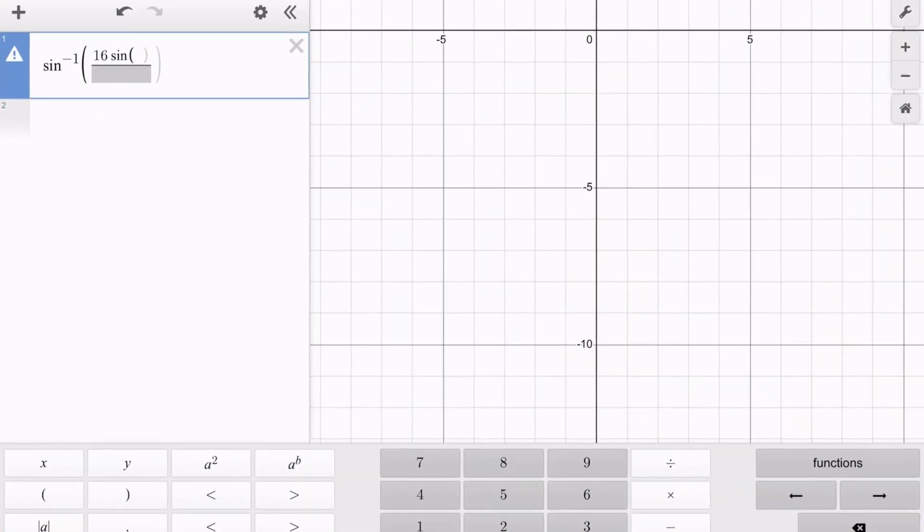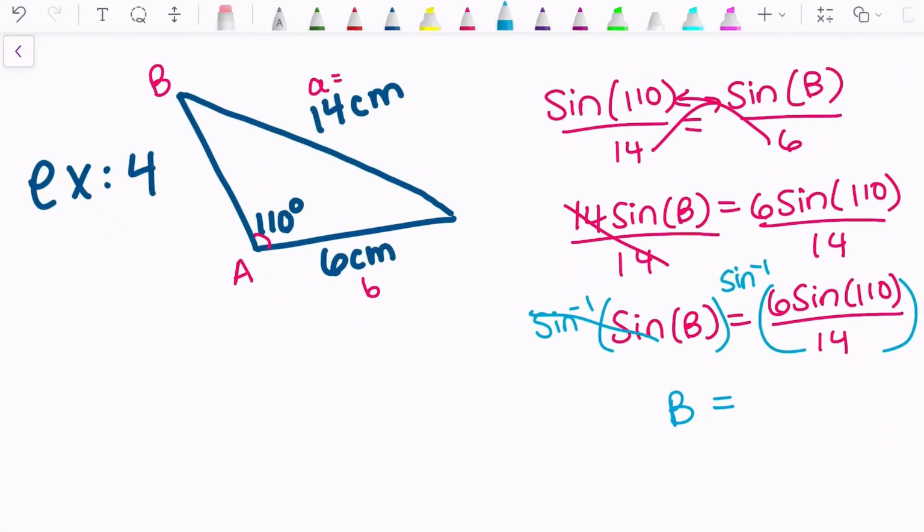I typed it in wrong. 6 sine 110 over 14 gives me 23.75. And this is how you find missing angles and missing sides of non-right triangles using the law of sines.